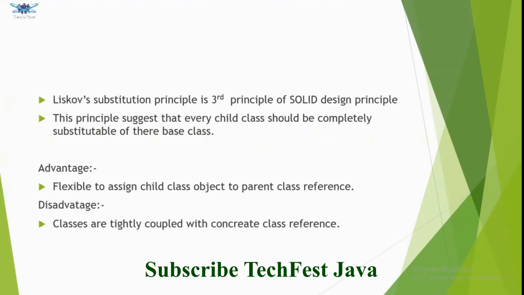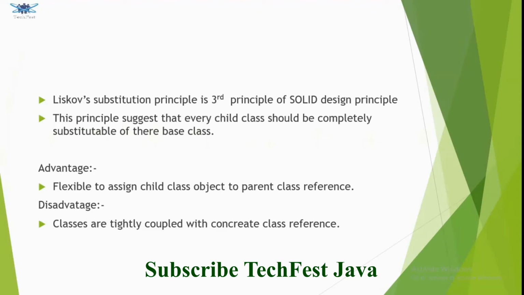Then we have some advantages and also disadvantages of this design principle. The advantage is that when we use a child class object with the parent class reference, we make our code flexible. How can we make our code flexible? Suppose we have one parent class and two child classes.